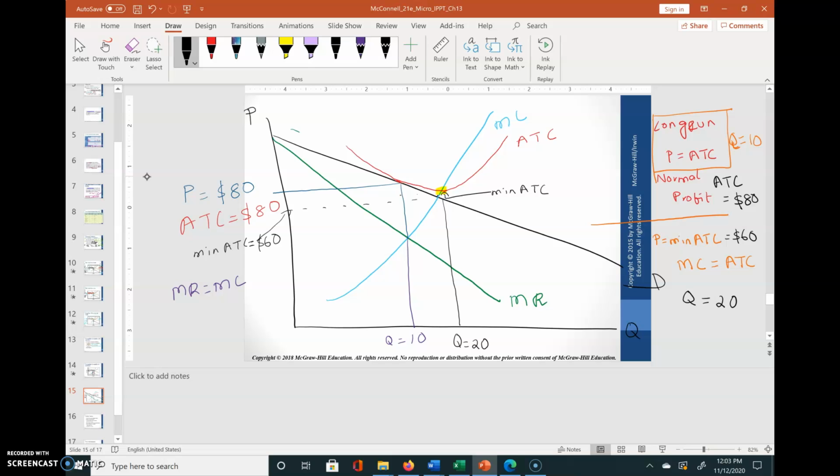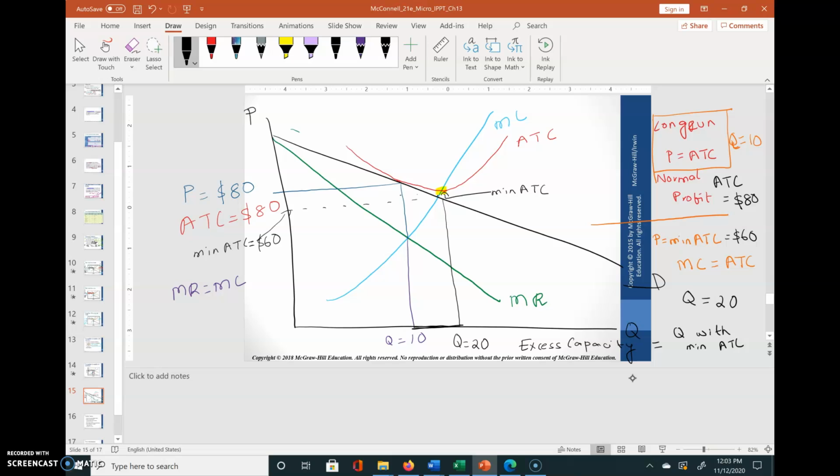Now this brings us to the concept of excess capacity. So excess capacity is going to be the difference between these two output levels. So I'm going to write here the excess capacity. This is equal to the output that is produced with minimum average total cost.